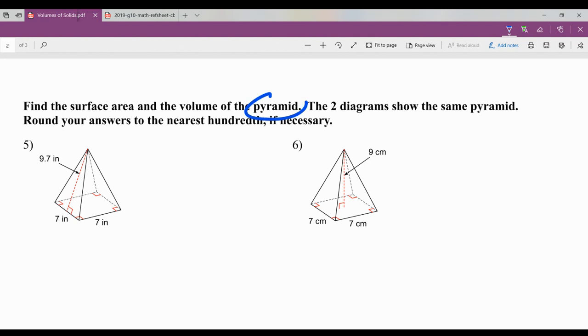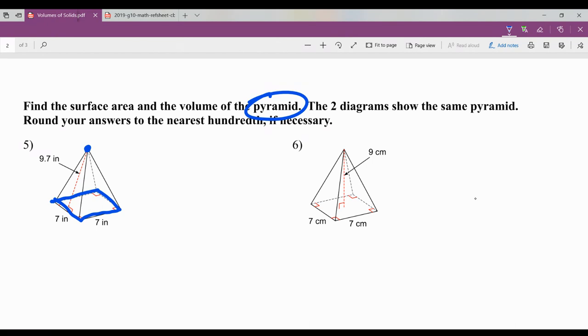A pyramid is basically a prism that only has one base. So if this base had a matching base up at the top, then you'd call it a square prism. Here's the thing about pyramids.